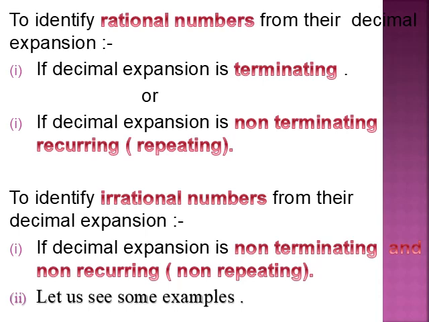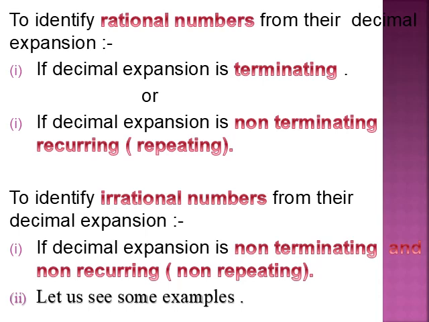So how to identify an irrational number? If the decimal expansion is non-terminating and non-recurring, means non-repeating. In irrational numbers, both 'non' are there, you have to remember it. Non-terminating means the remainder is never 0, and non-recurring means no digit in the quotient is repeating.